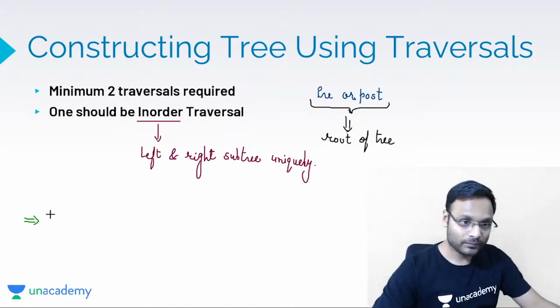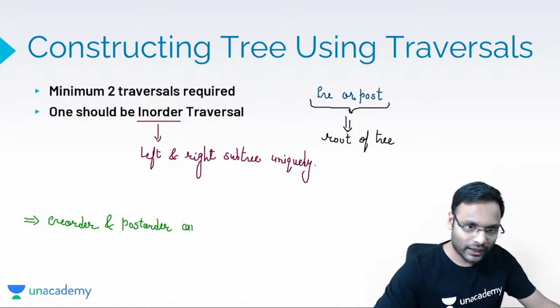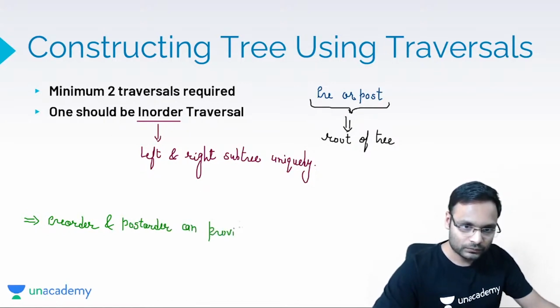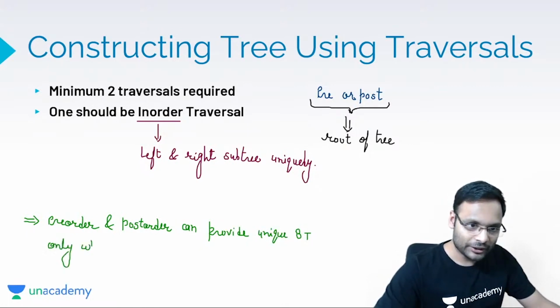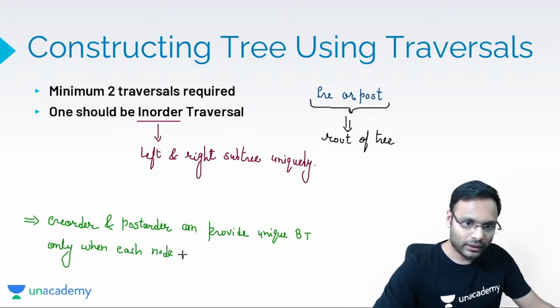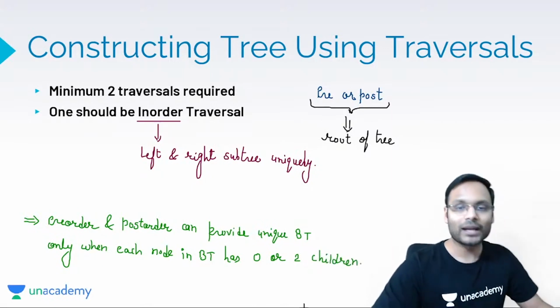So I am writing that pre-order and post-order can provide a unique binary tree only when each node in that BT has 0 or 2 children, क्योंकि ये सिंगल चाइल्ड को आइडेंटिफाई नहीं कर पाएगा कि वो लेफ्ट में होगा कि राइट में होगा.